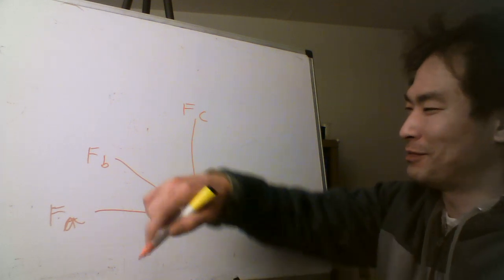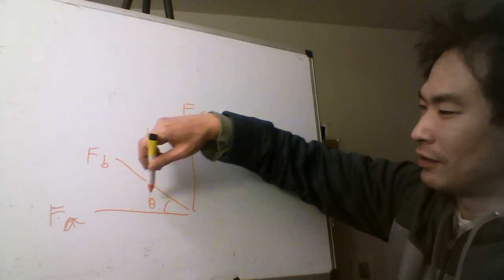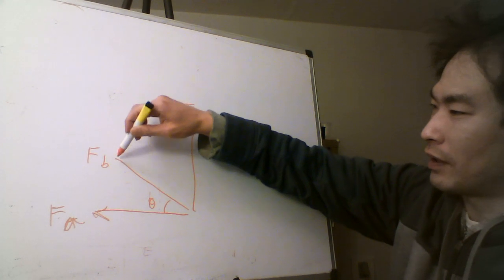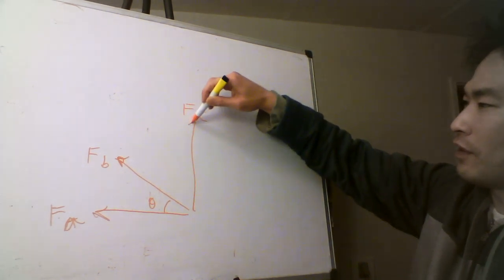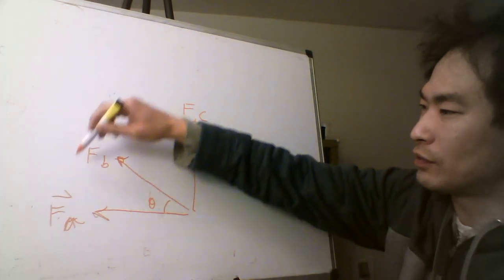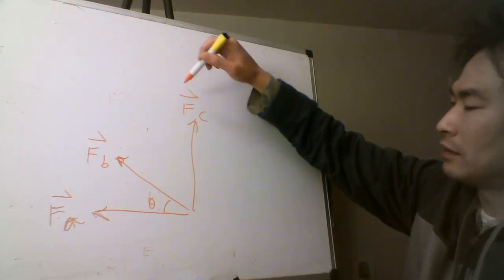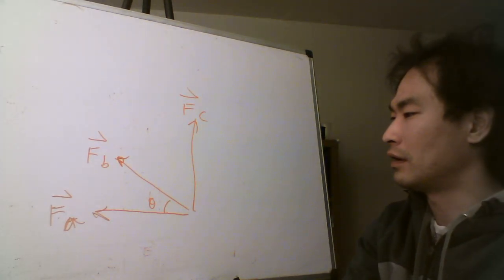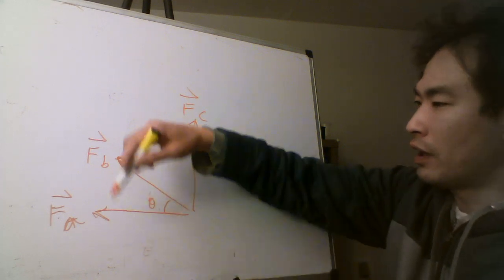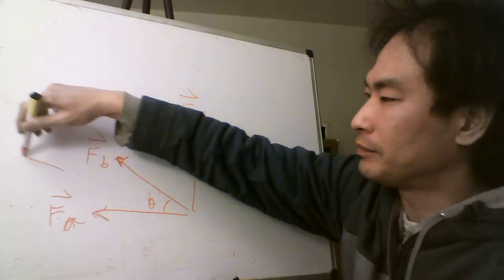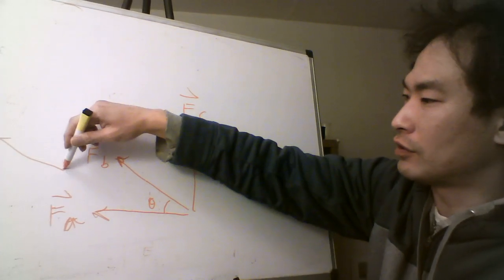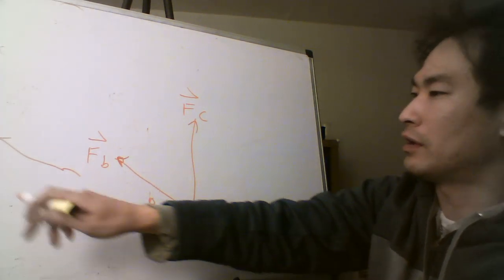No more subscripts, please. So, it's a vector, okay? Vector summation of 3 vectors, okay? F of A plus B, okay? Vector summation of FA and FB, okay?